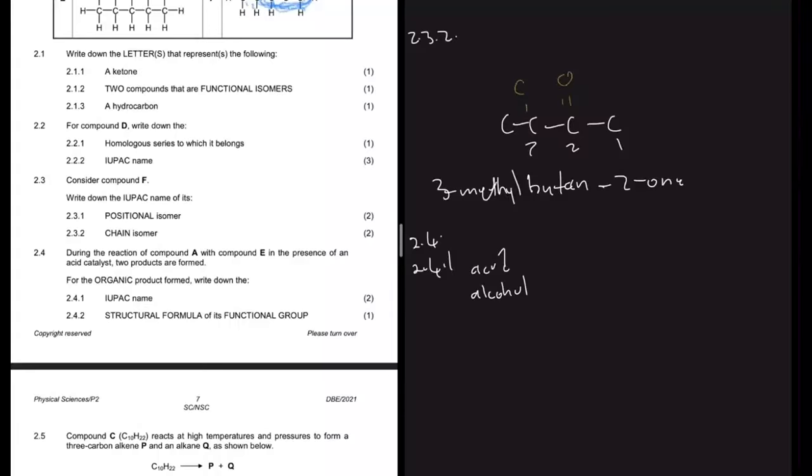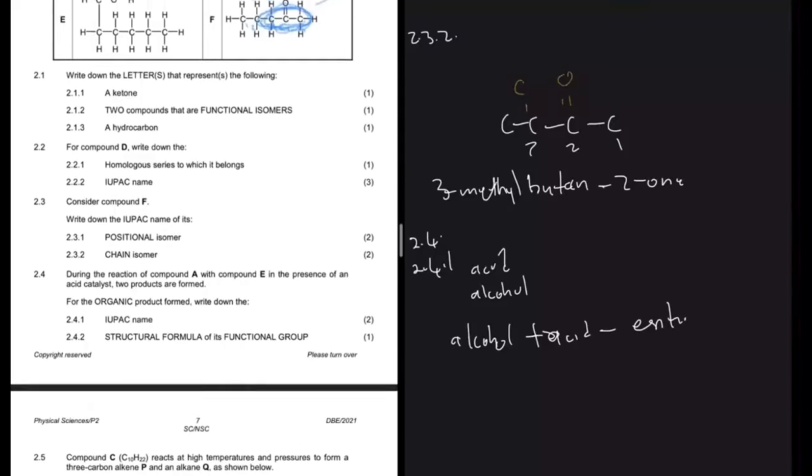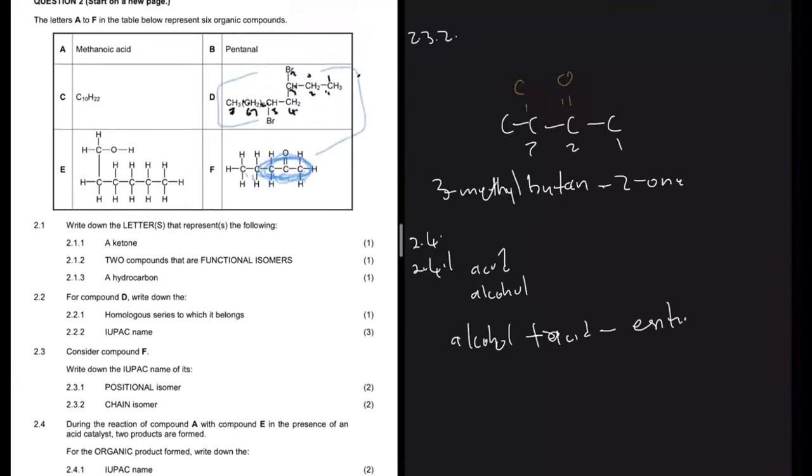Okay, they have reacted. It says write the IUPAC name of the organic compound formed. So you know that if you have an alcohol and then acid, you add the acid and then you get the ester. At the naming, you start with the alcohol, right?